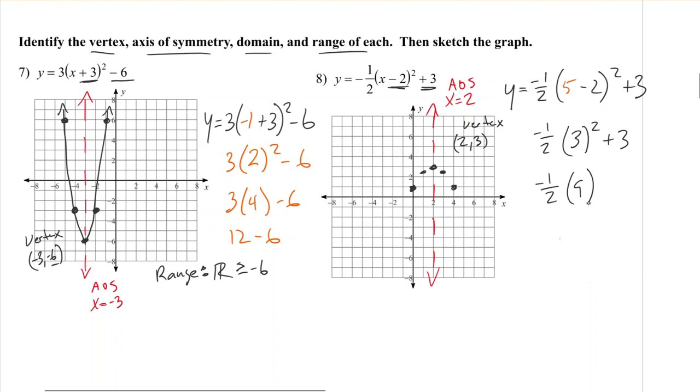Negative 1/2 times 9 plus 3. Negative 1/2 of 9 would be negative 4.5. Plus 3 would be negative 1.5. That would be the same as negative 3/2. So 5, negative 1.5, and negative 1, negative 1.5. And that's enough.